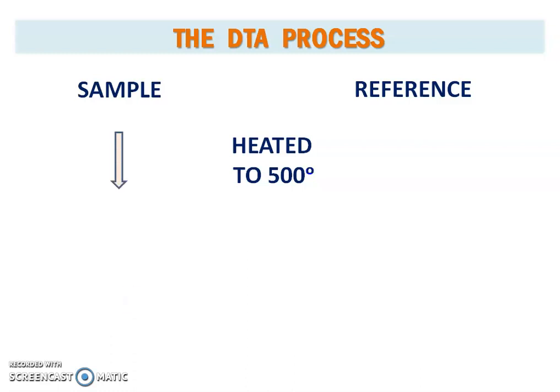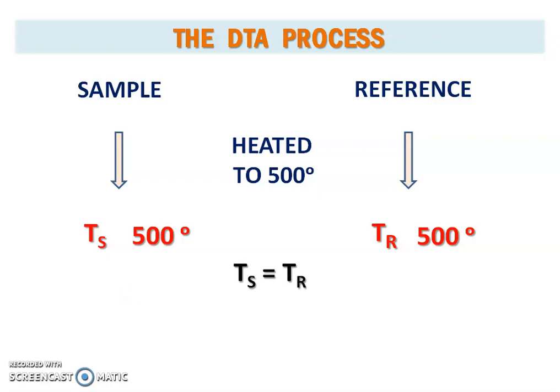At this point, the sample temperature TS is 500 degrees and the reference temperature TR is also 500 degrees. So right now my TS is equal to TR, which means the delta T, which is the difference between the two, is 500 minus 500, and this value is 0.